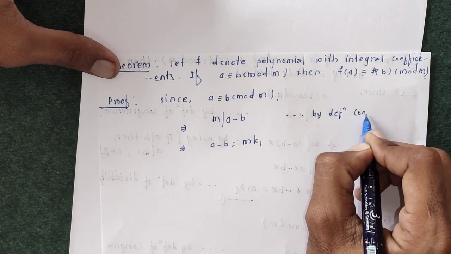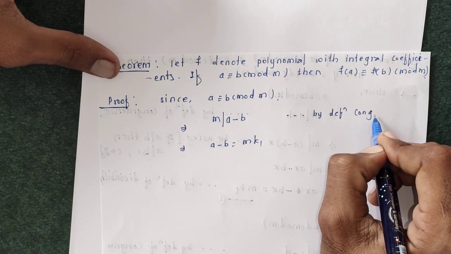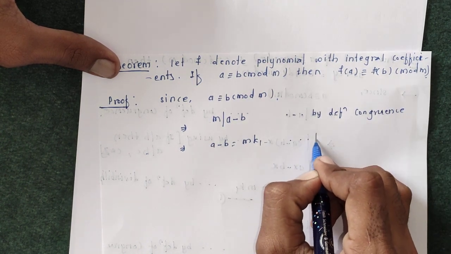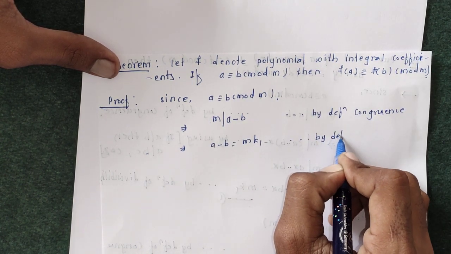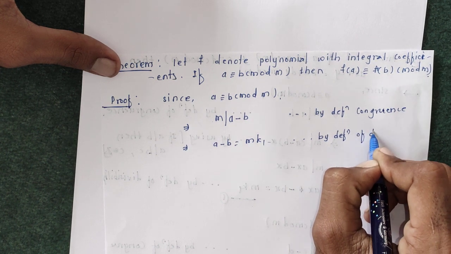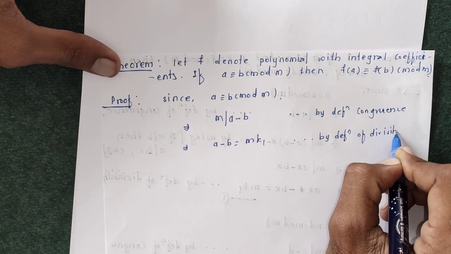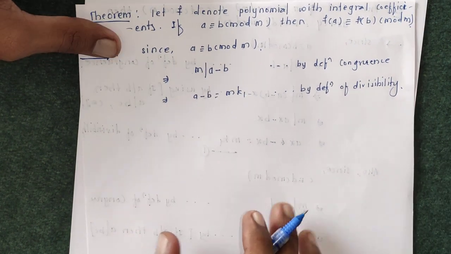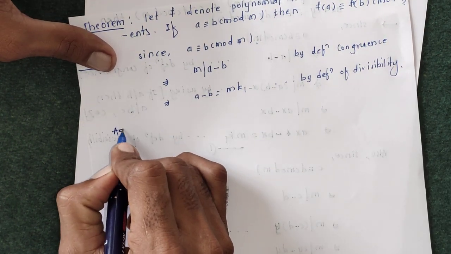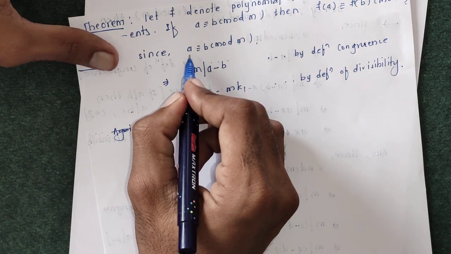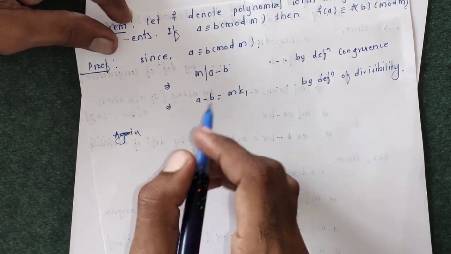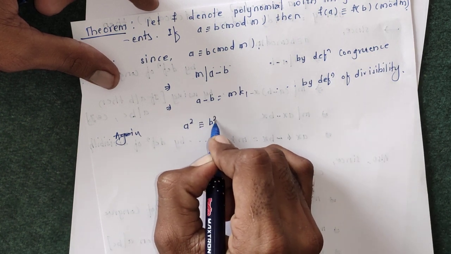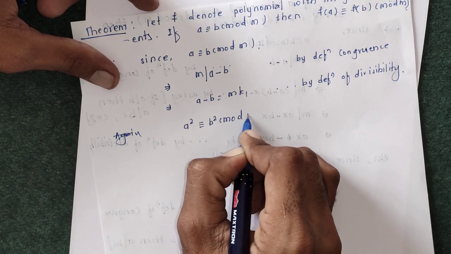Now again, this a is congruent to b mod m, and from this we can write a square is congruent to b square modulo m.